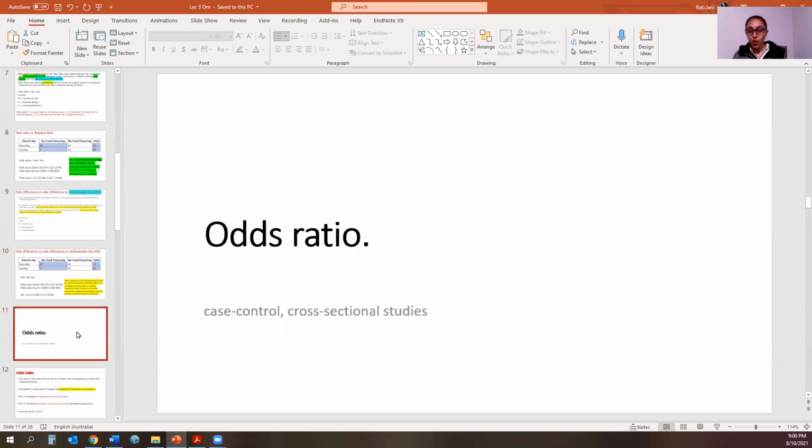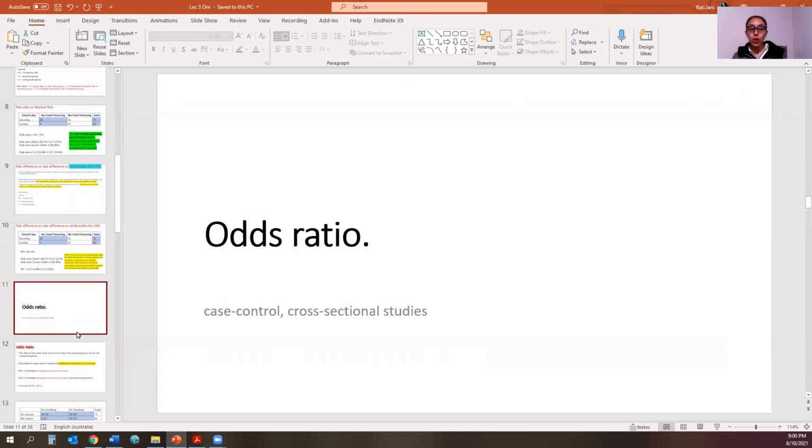All right. Okay, so now moving on to odds ratios. Again, the winner over here is the odds ratio, because I would say 99.999% of the studies have and will always report odds ratios.